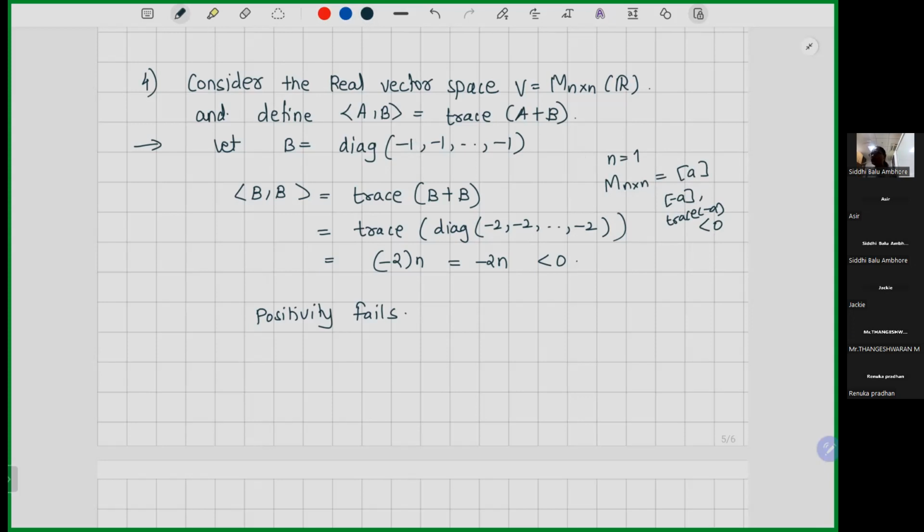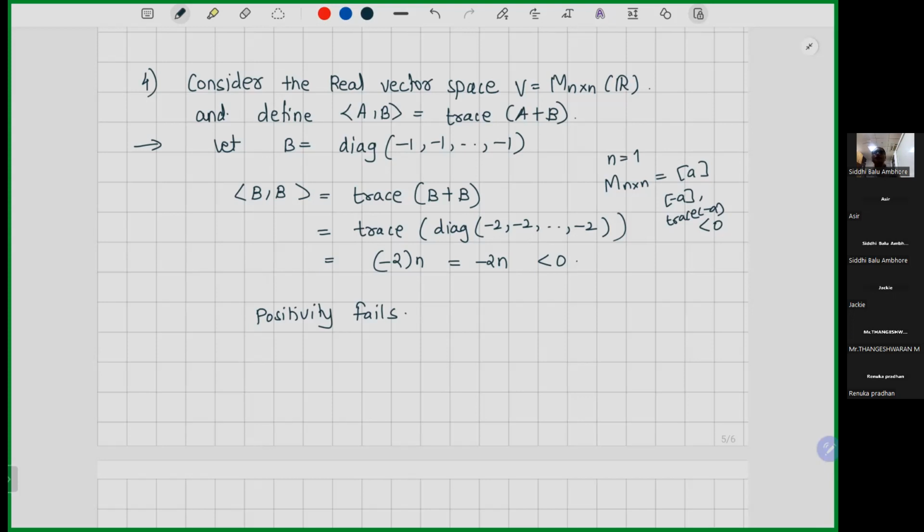Any doubts? Yes, sir. In this problem, linearity also fails. Linearity would also fail. Yes, suppose I take A as the 0 matrix and B a non-zero matrix, but the inner product is non-zero.